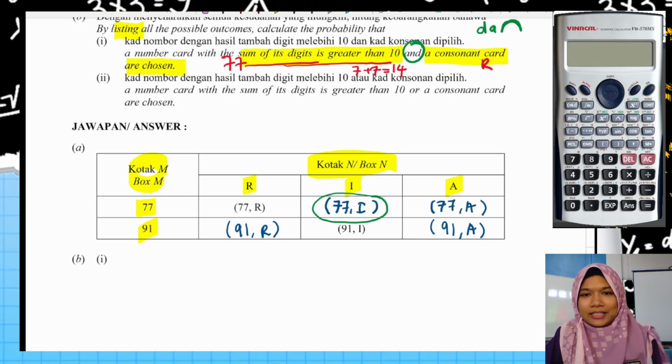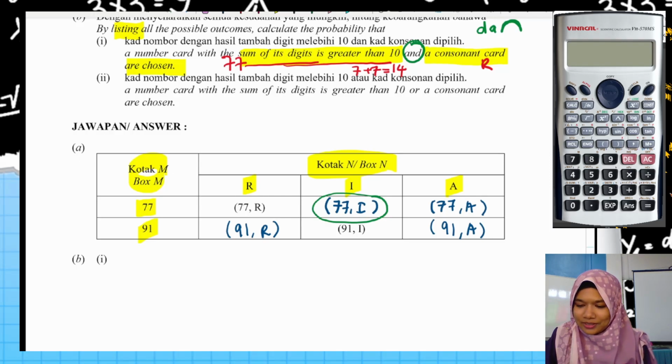Amboi. Okay. Alright, sorry. Consonant R saja. Okay, consonant tu R sahaja. Okay. So di sini cuma satu saja yang ada, kan? Satu saja yang ada yang fulfill the both condition. And ni kena fulfill both condition 77 and R.